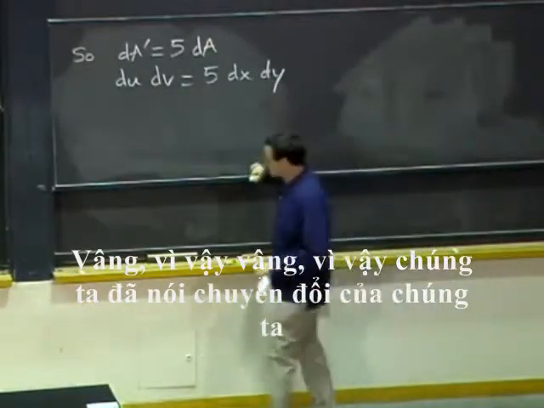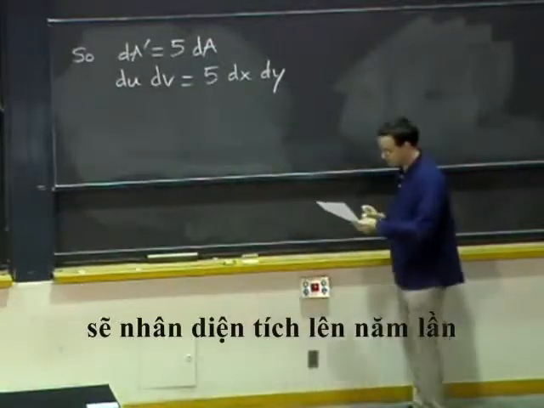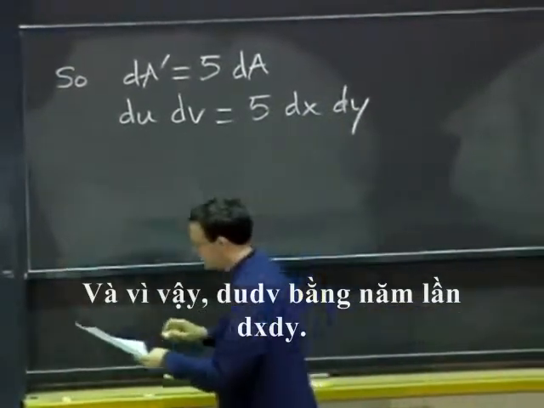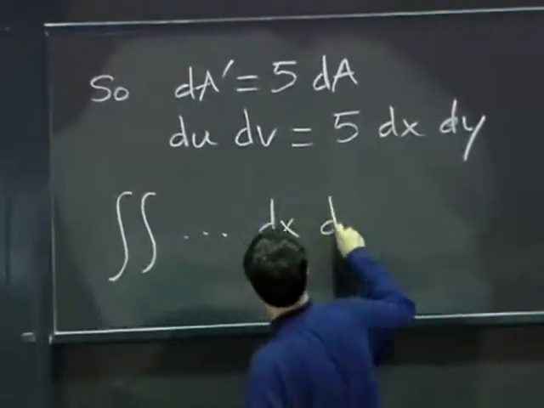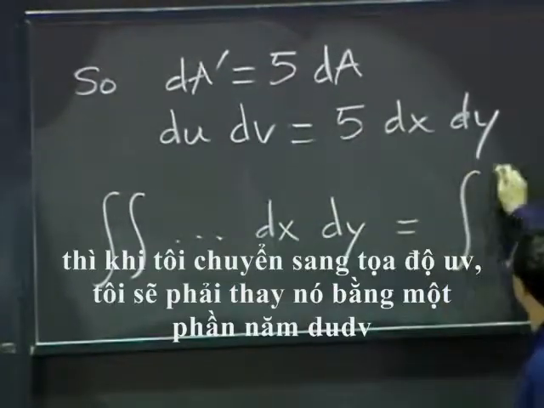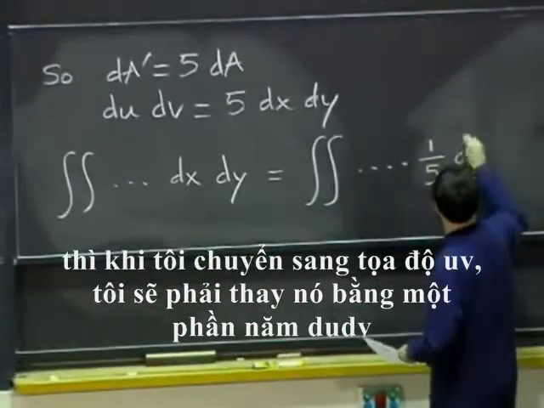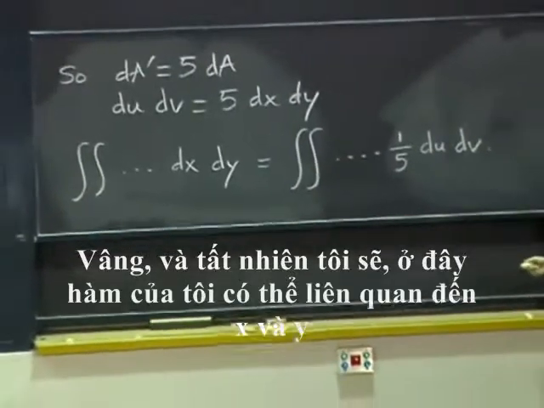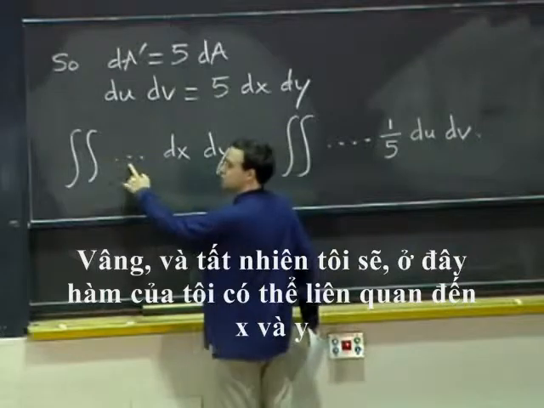So we've said our transformation multiplies areas by 5. And so du dv is 5 times dx dy. So if I'm integrating some function dx dy, then when I switch to UV coordinates, I will have to replace that by 1/5 du dv. Okay? And of course, my function would probably involve x and y.